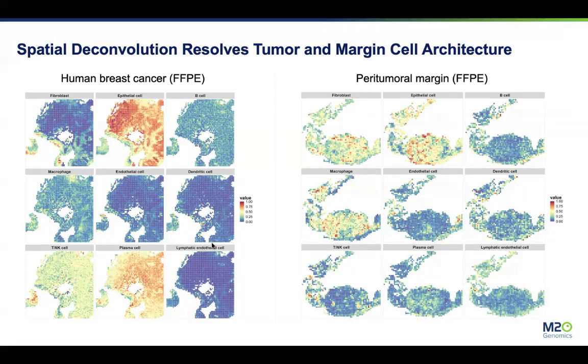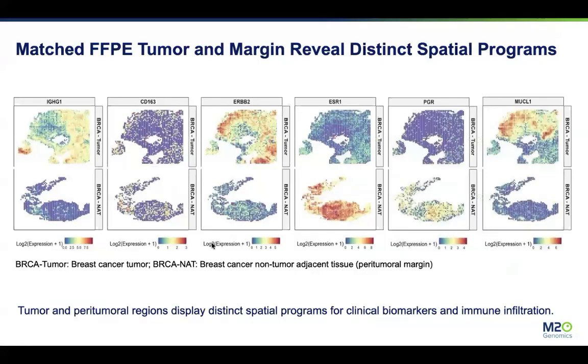Then the deconvolution results also support the gene expression features we saw on the previous slide. Plasma cells are markedly enriched in the tumor, and that matches the broad IgHG1 expression pattern we just talked about. Macrophage distributions track with the CD163 signals we saw in both tissues.